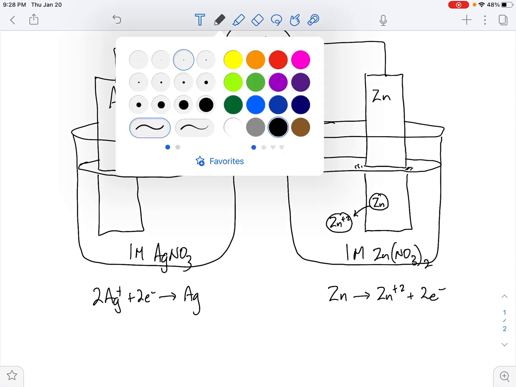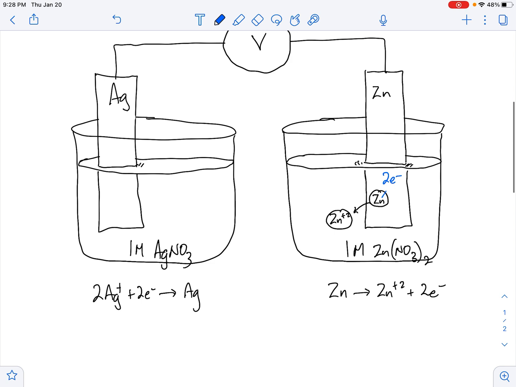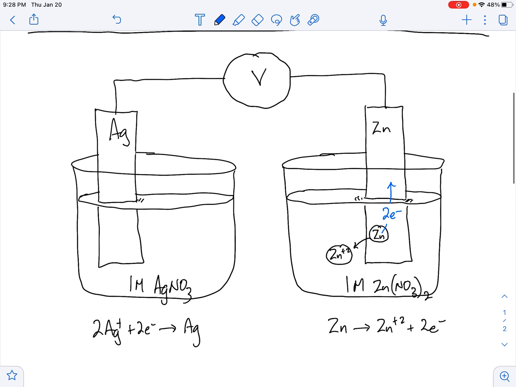When it did that, it made 2 electrons. Right? Like that's actually what happened. So the 2 electrons left the zinc atom, and those 2 electrons need to get over to where the silver is reducing. And so what happens is they literally go through the whole system, through the wire, through the voltmeter, over here.